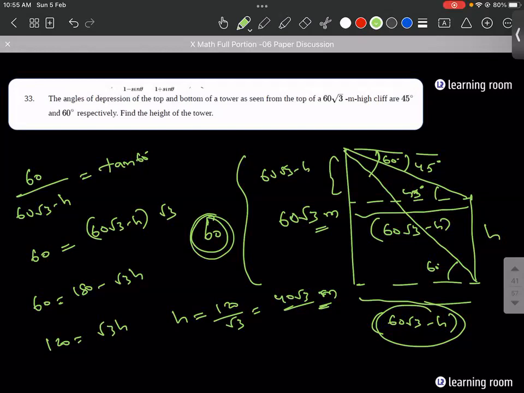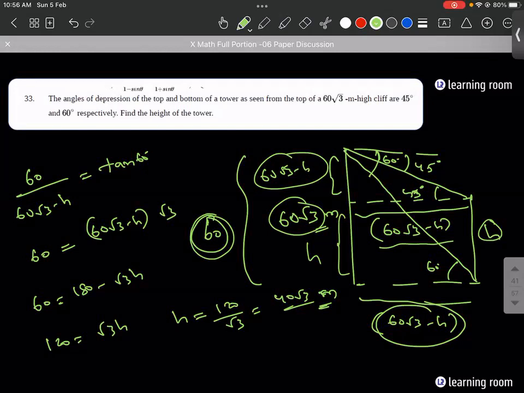If I take the height of the tower to be h, this is h. Okay. 60√3 is the height, no? So 60√3 minus h will be this side. So that one I got as 60, sir. The horizontal I got as 60.